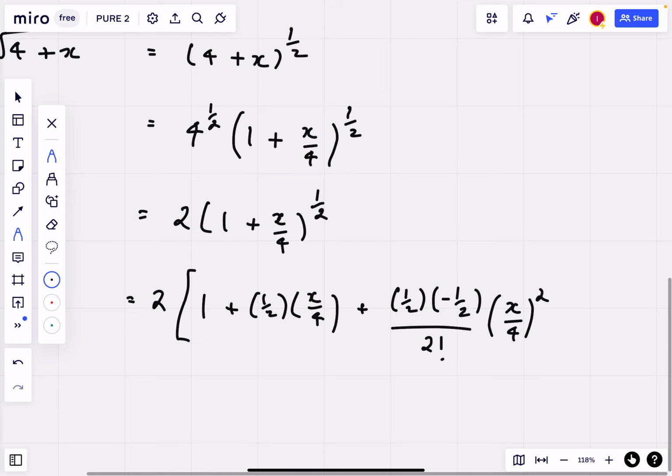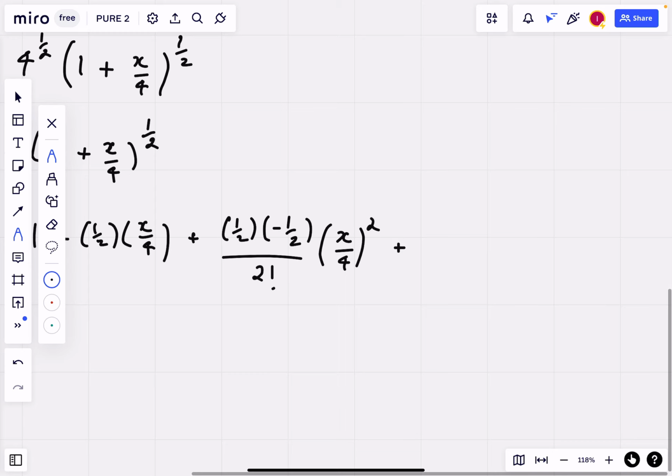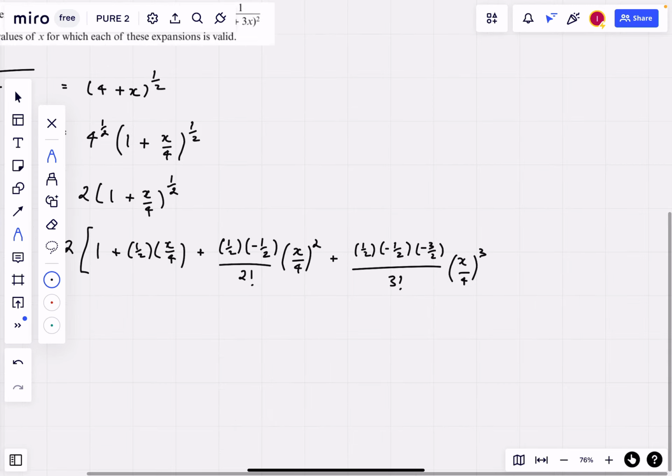And then we'll go one more term: n minus 1, n minus 2, over 3 factorial, x cubed, plus and so on. We don't want to go too long.